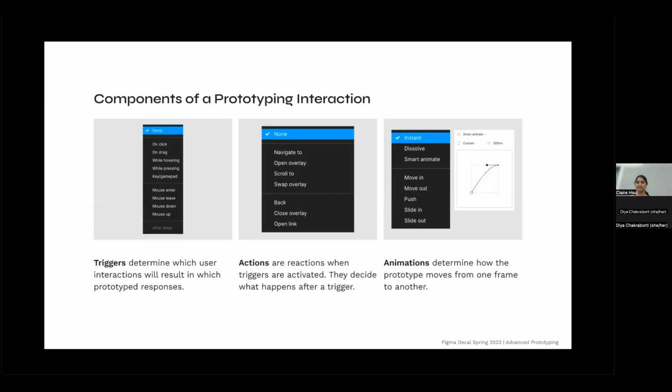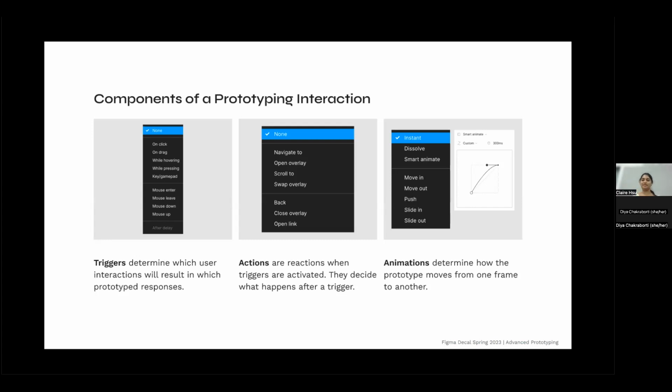So the default is instant, but usually in design, we like things to have a bit of a smooth transition to kind of mimic like what you naturally see in the world. So dissolve and smart animate, which we'll talk about, are some popular ones, but there's some other ones as well, like move in, move out, push, slide in, slide out. Honestly, the ones at the bottom are pretty similar.